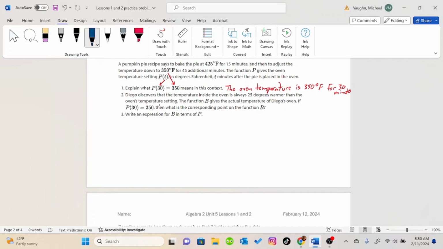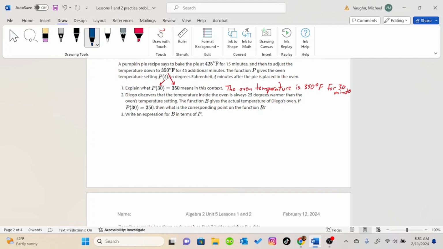Number 2. Diego discovers that the temperature inside the oven is always 25 degrees warmer than the oven's temperature setting. The function B gives the actual temperature of Diego's oven. If P of 30 equals 350, then what is the corresponding point on the function B?